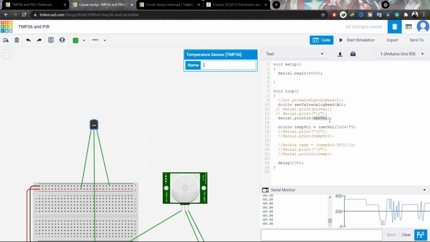Now, I have my sensor value, that number. Then I divide it by the maximum value 1024, then multiply it by 5 voltage, because we have 5 voltage here. Then I'm going to print that value. So now we can get the actual temperature voltage.